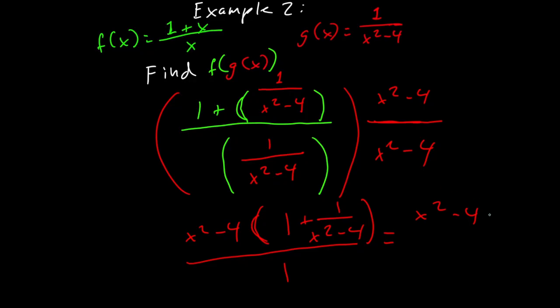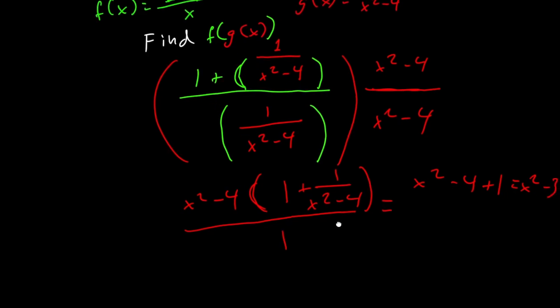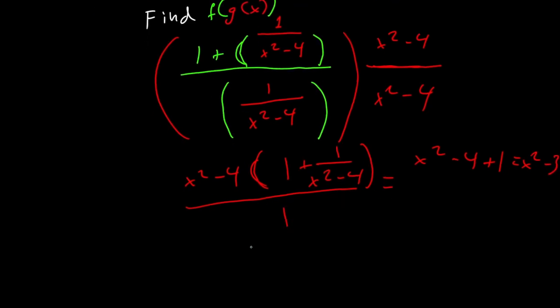So x squared minus 4 plus 1 just equals x squared minus 3. So that would be our final expression, where f of g of x would equal x squared minus 3.